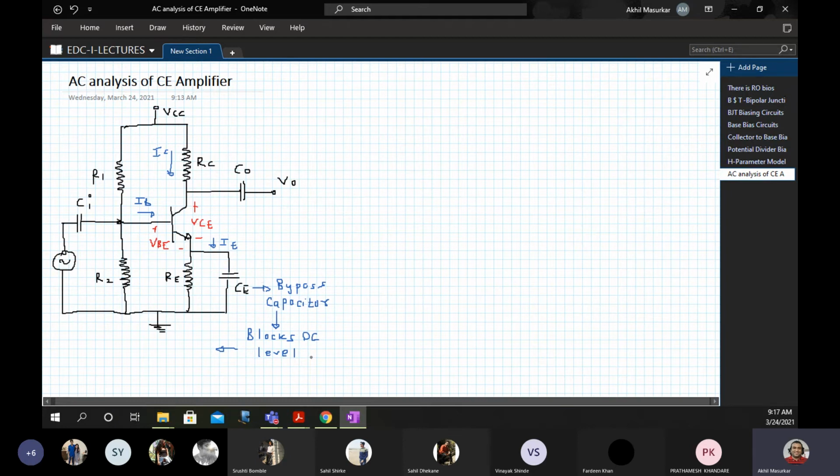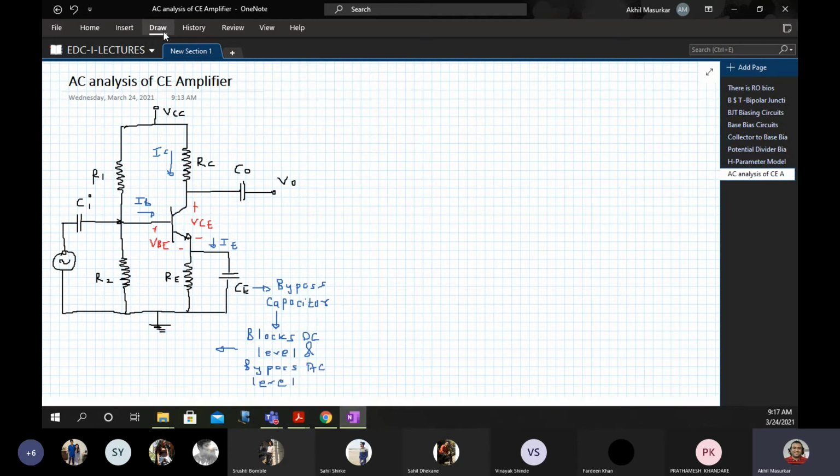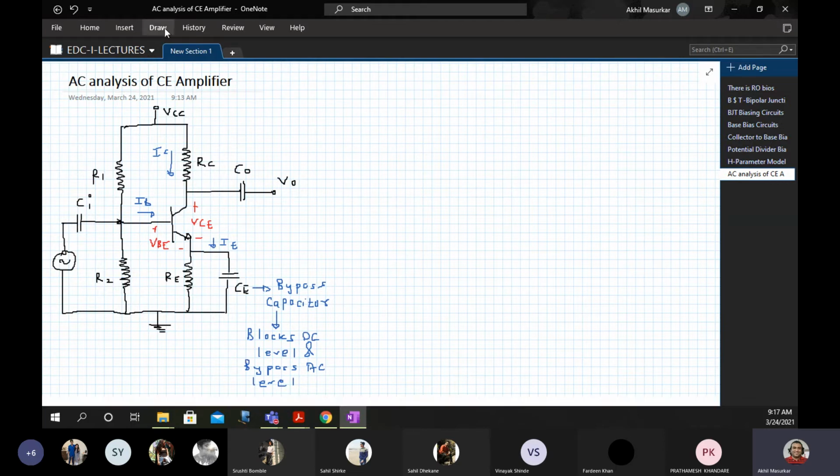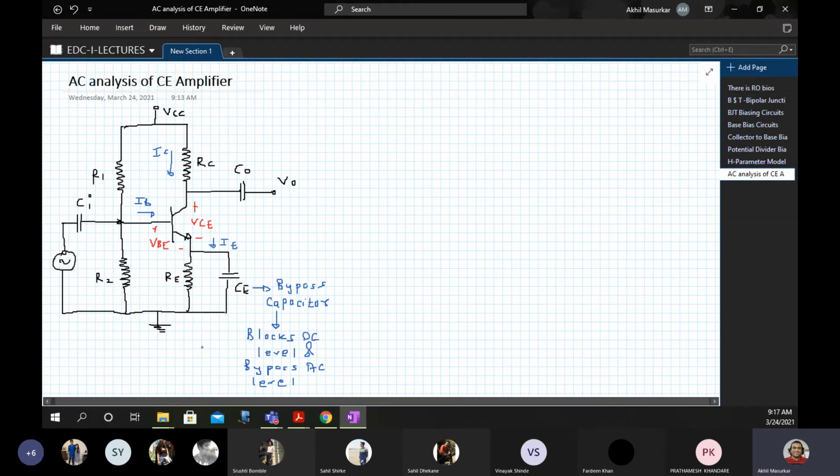What it bypasses is the AC level in the signal. And by doing this, my Q point remains stable.